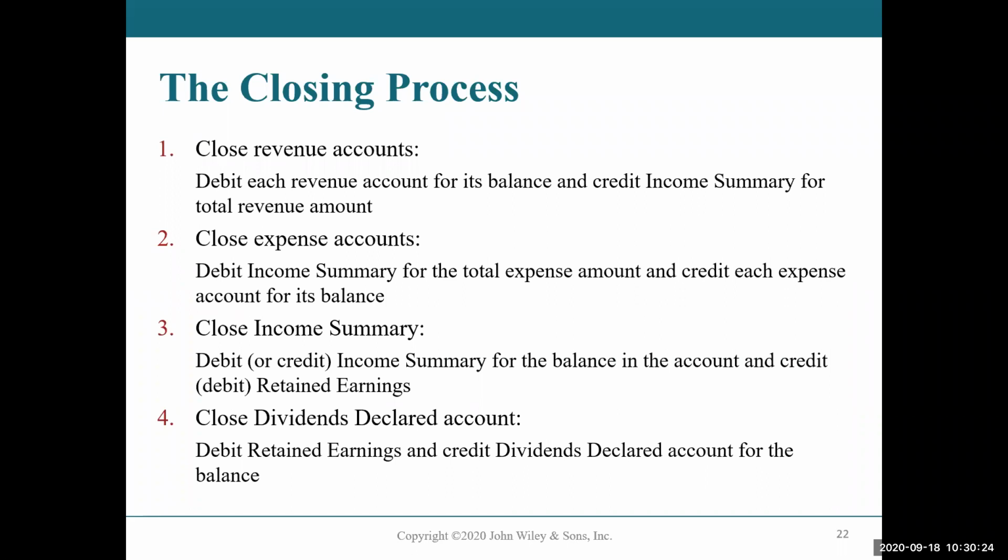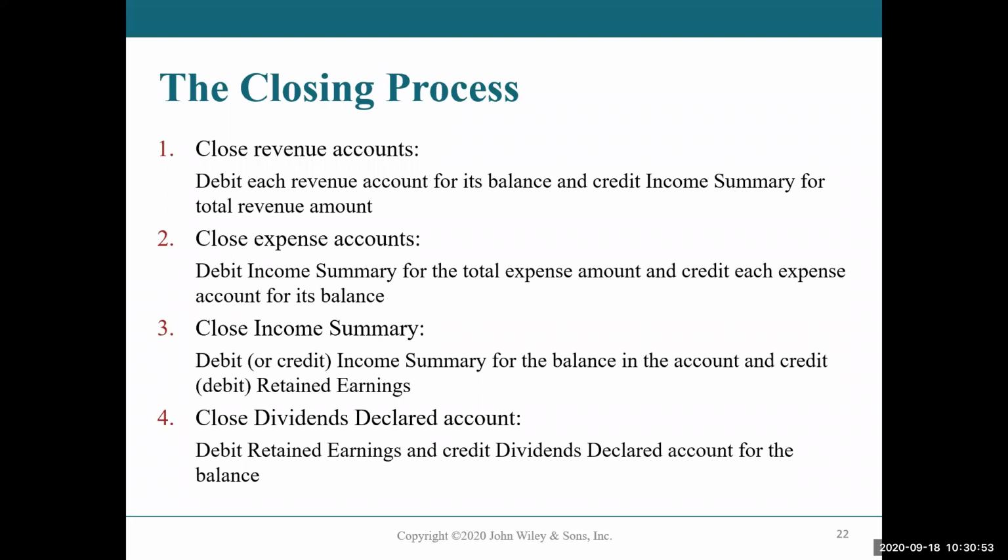The other half of your journal entry is then the income summary account. Income summary is another temporary account that comes to life just for the process of closure. Okay, so when we are processing these closing entries, that's the only time the income summary account exists. By the time we are done with this four-step process, the income summary account is not going to exist anymore.